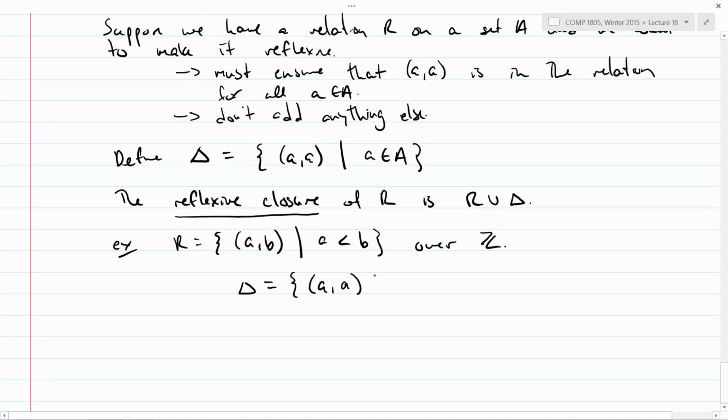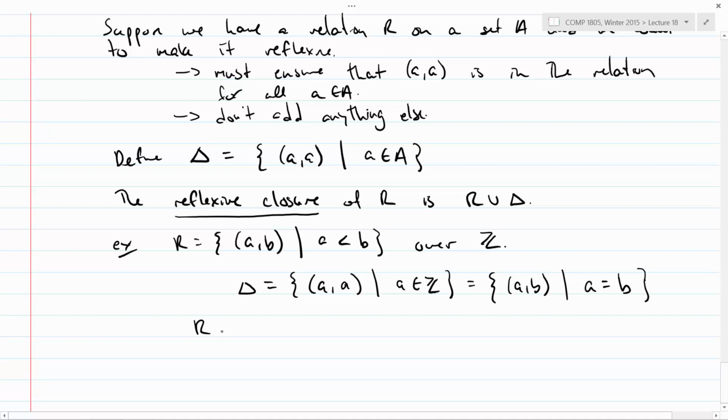Well, it's {(a, a) such that a is in Z}. There's another way you could write that, though. It's all (a, b) such that a equals b.